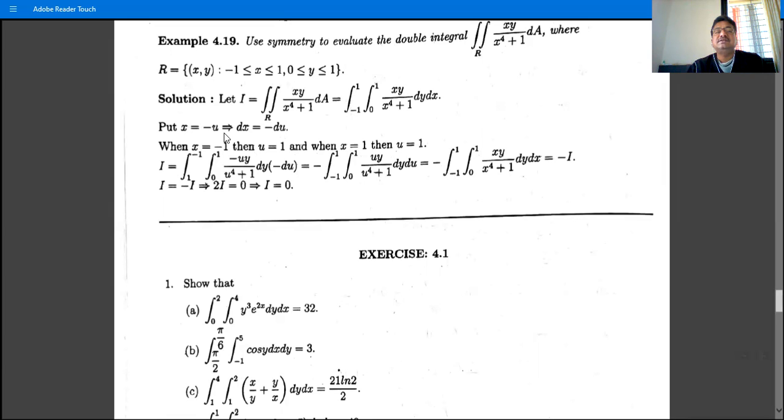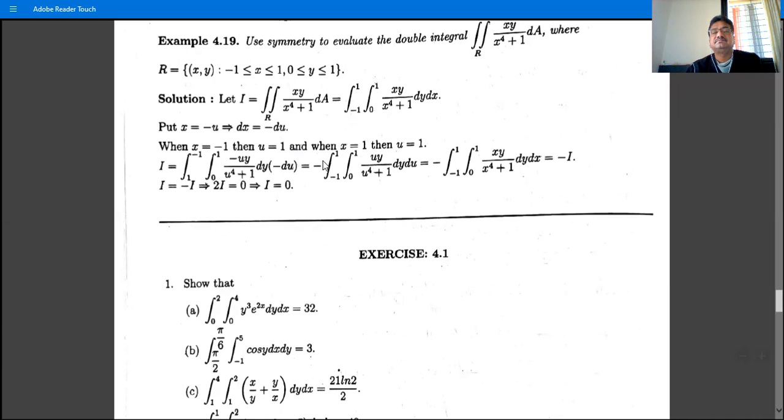substitute x as minus u, dx is minus du. If x is minus 1, then u is 1, because x is minus u, and if x is 1, then u is minus 1. And so we have minus 1 to 1. Instead of minus 1 to 1, we have 1 to minus 1, integration 0 to 1, and then substitute x as minus u.